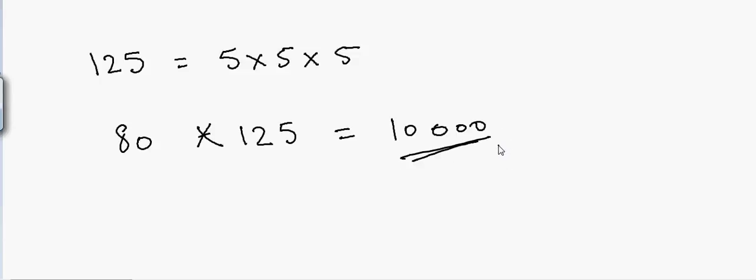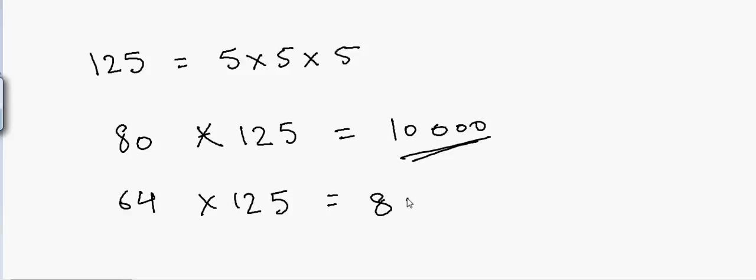Again, let's take another example. If I have 64, as we know that 8 into 8 is 64. In this case, if I multiply by 125, that will be equal to 8, because we divided 64 by 8, and then put 30 in the end.